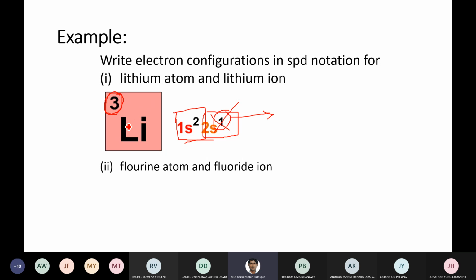If you look at the periodic table, this 1s2 is the electronic configuration for helium. That is why lithium wants to be like helium, because helium is a noble gas and it is very stable.